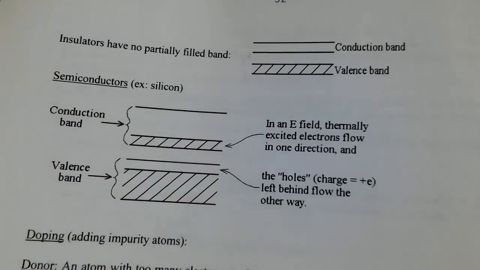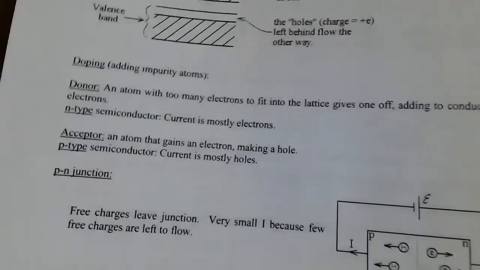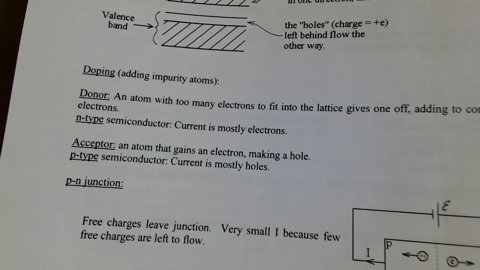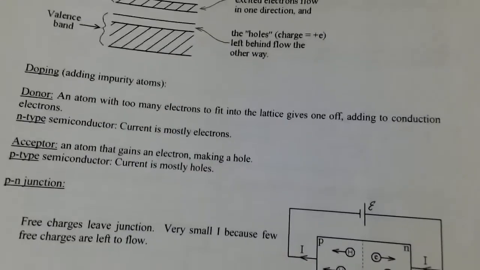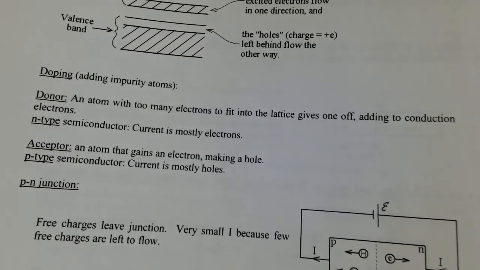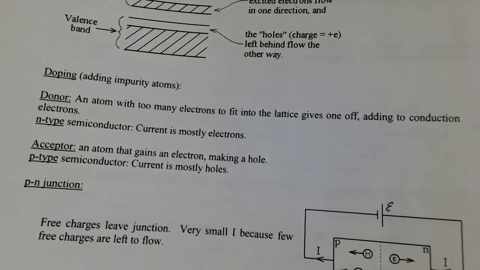Where things start to get interesting and useful is what if it isn't pure silicon? Mixing in impurities is called doping. What if into this crystal lattice where everybody forms 4 bonds with its neighbors, what if you mix in some atoms that have 5 valence electrons, 5 electrons in the outermost shell?